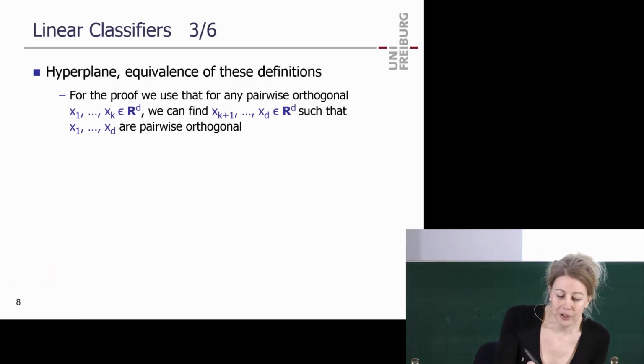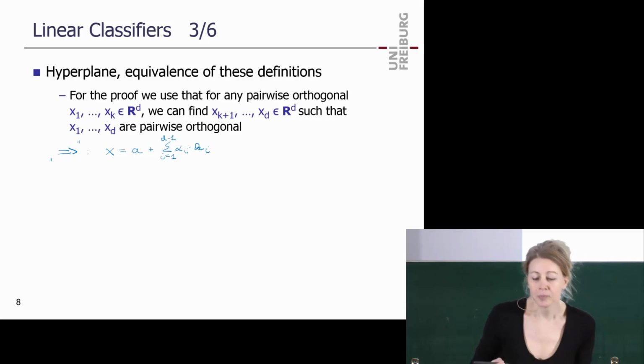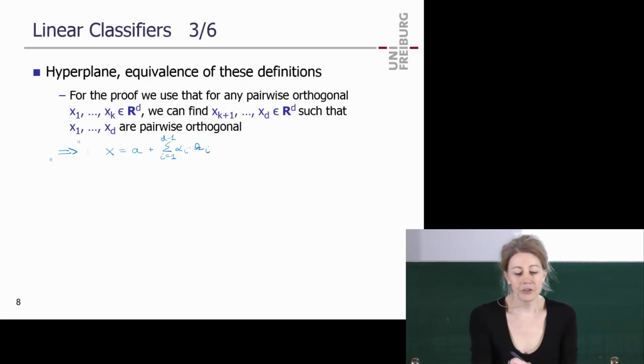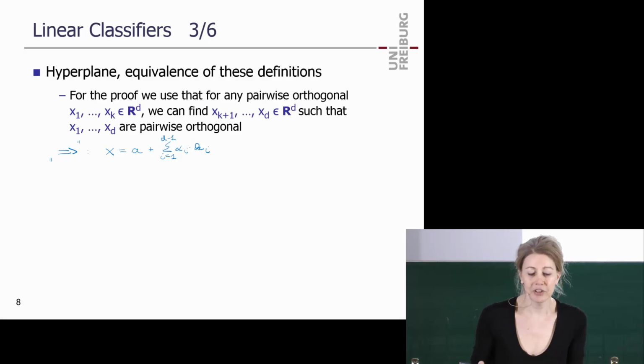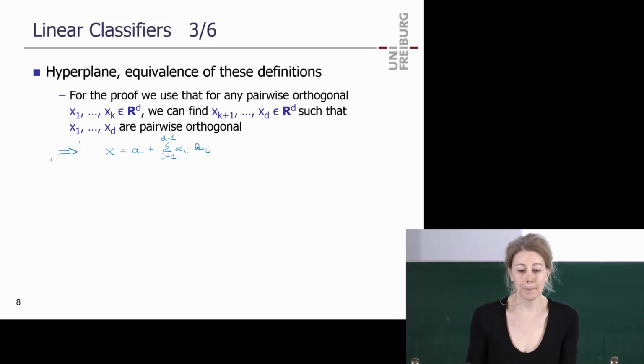Okay, now let's do the two directions, showing that the two definitions are equivalent. So assume x can be written as a plus the sum of alpha i times h i. Yeah, so this is a point by definition 1, right?